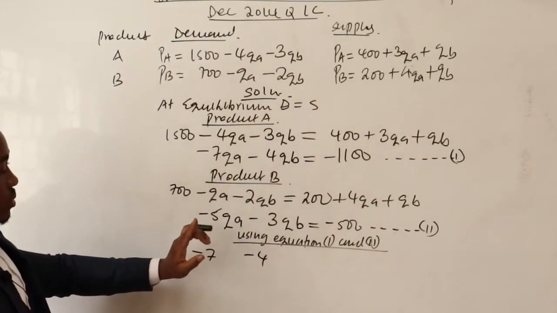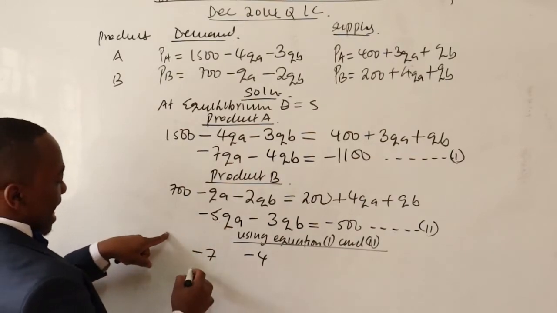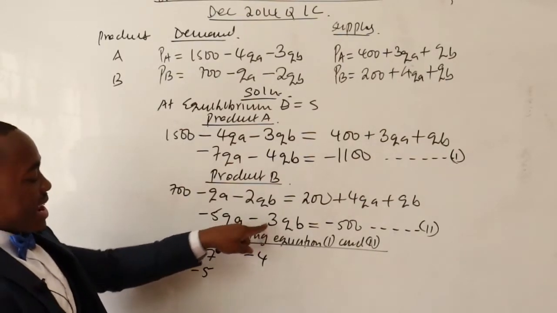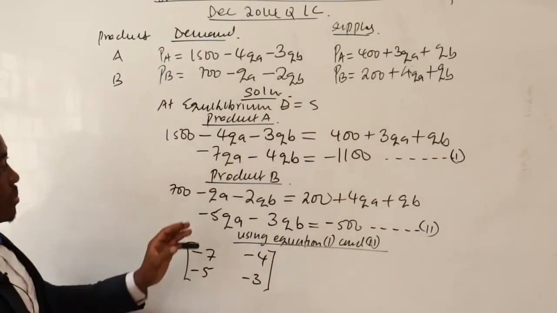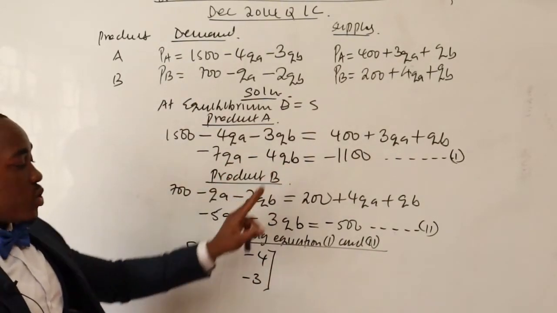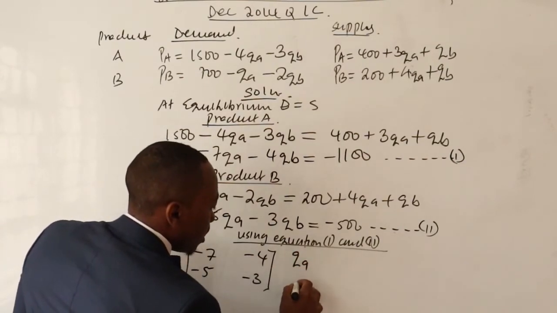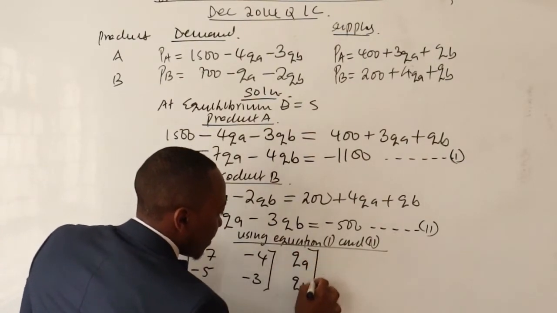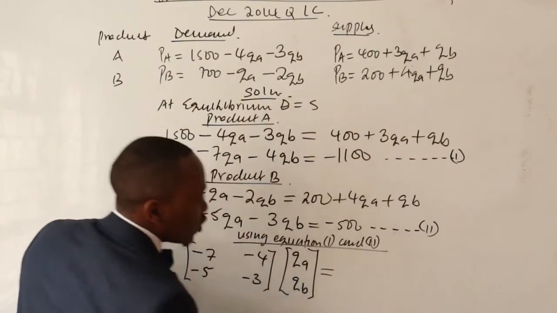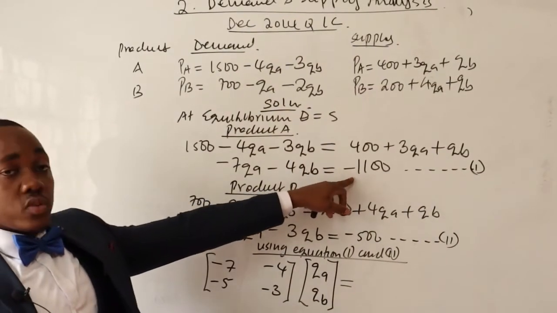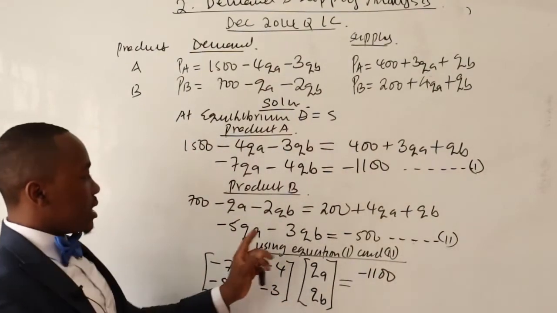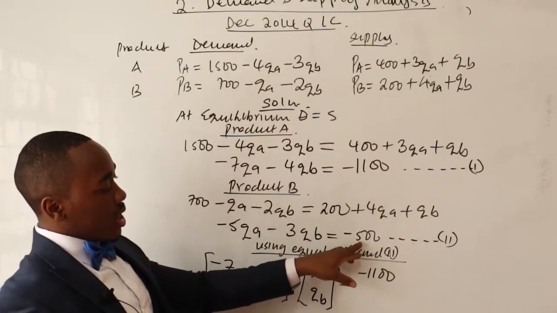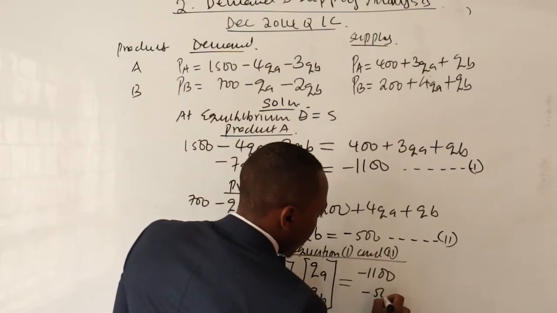For equation 2, QA has negative 5 and QB has negative 3. Then we have the column of QA, QB, is equal to negative 1100 for equation 1, and negative 500 for equation 2.